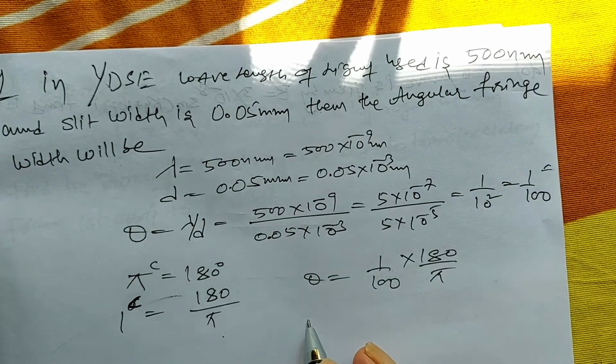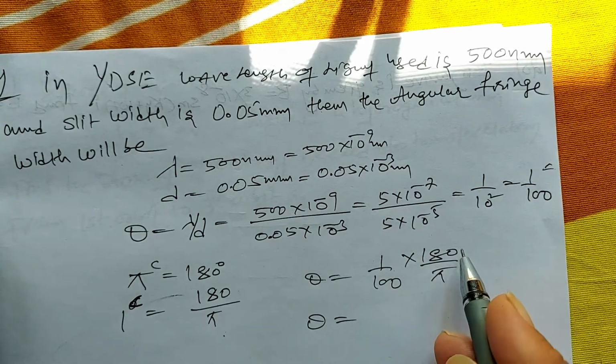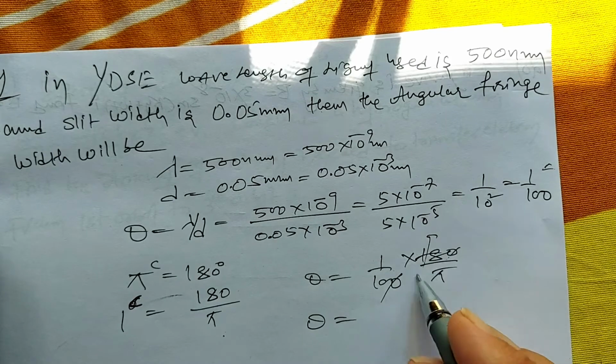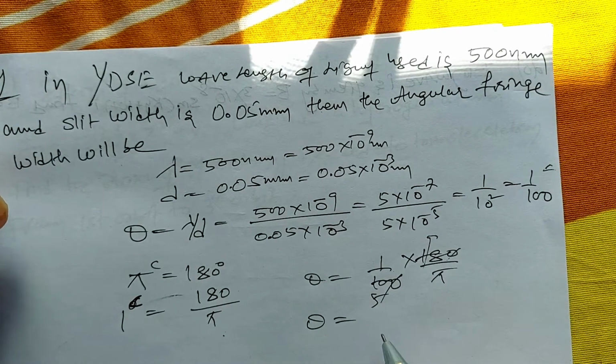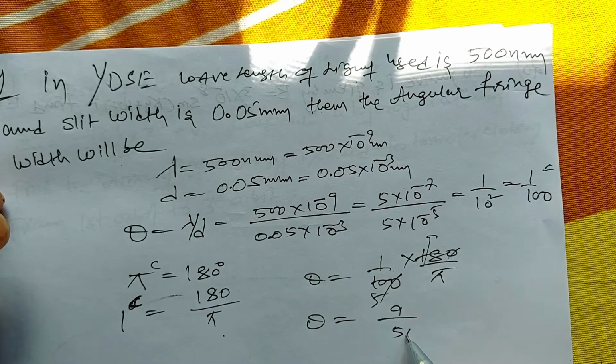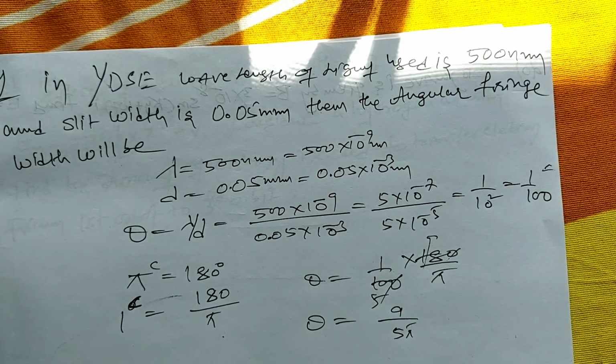So theta is equal to, the zeros cancel, 2 nines are 18 and 2 fives are 10. That is equal to 9 by 5 pi.